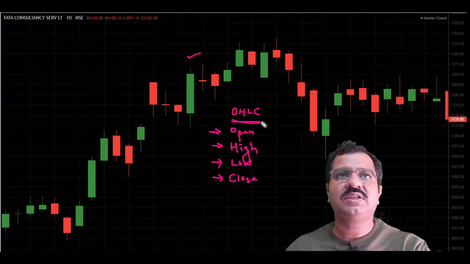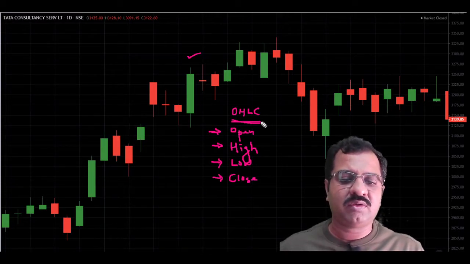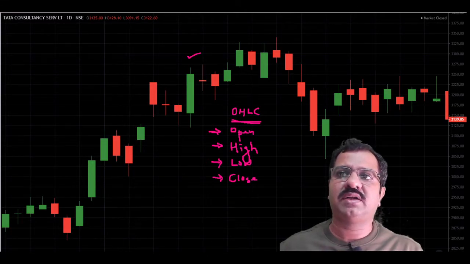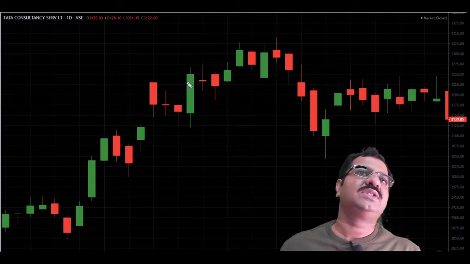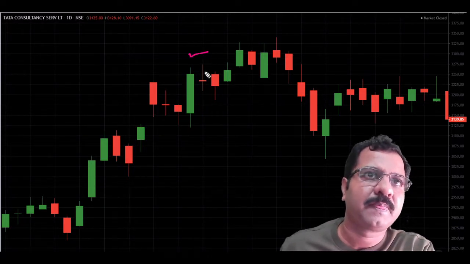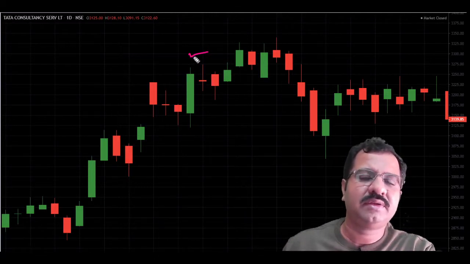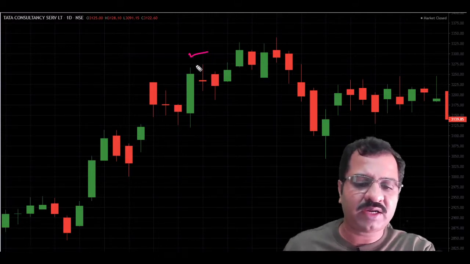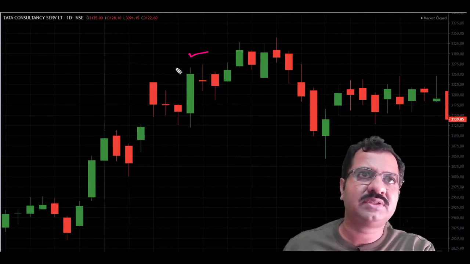Now let's see candle and try to see what are OHLC prices on the candle. I'll just clear the screen. Now this is a candle. Okay, on this candle it's easy to identify high and low prices on that day.